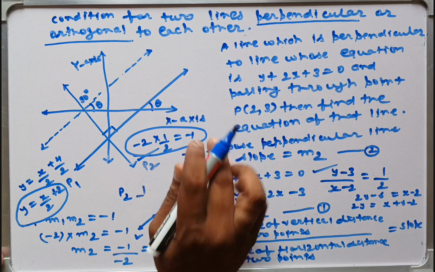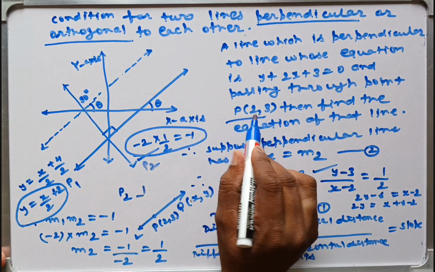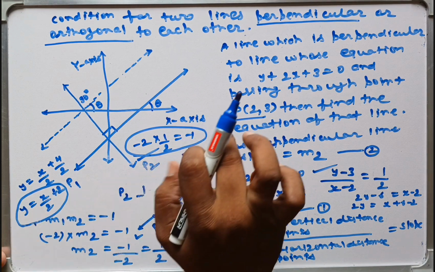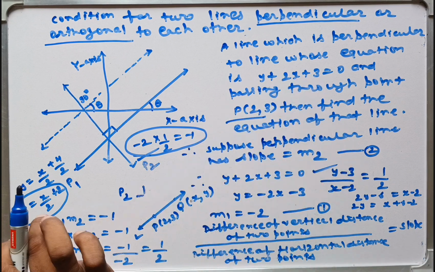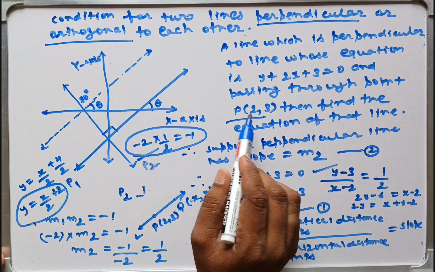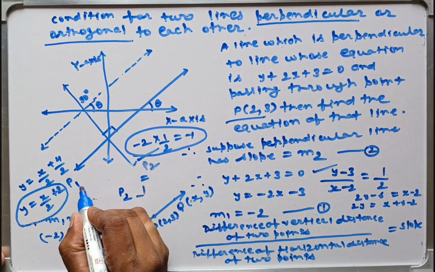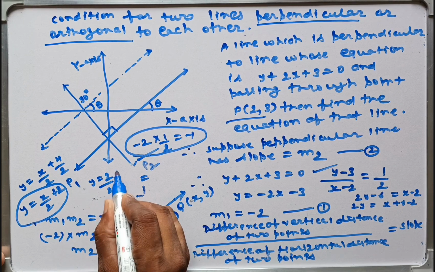The other way: if this line is passing through this point, then this equation must satisfy this point, because this point is already lying on this line. So if we put the value of x here, what do you get? We can write here y equals 2 by 2 plus 2.